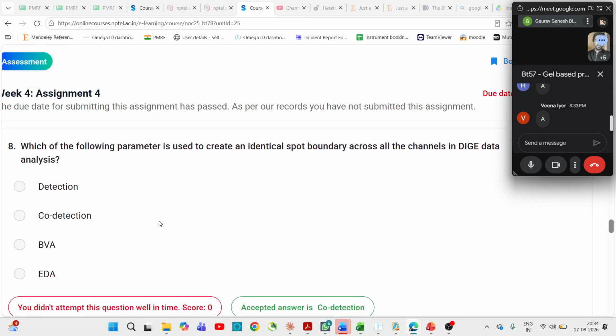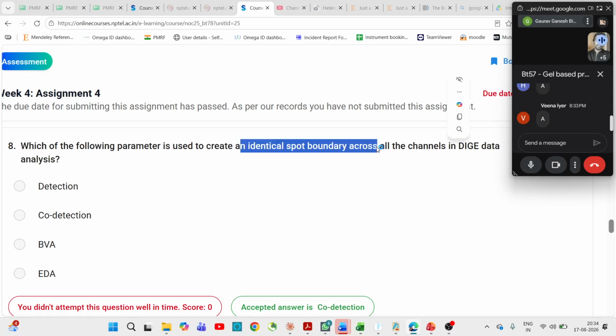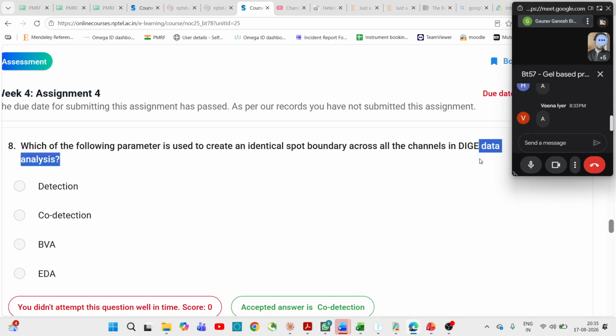So it's co-detection, right? Because to create an identical spot boundary across all channels, indicating all three different dyes, you need to do co-detection together. Then only you will be able to. So that happens during DeCyder data analysis. We upload all three images, and while doing that analysis, you need to co-detect them in order to create an identical spot boundary.